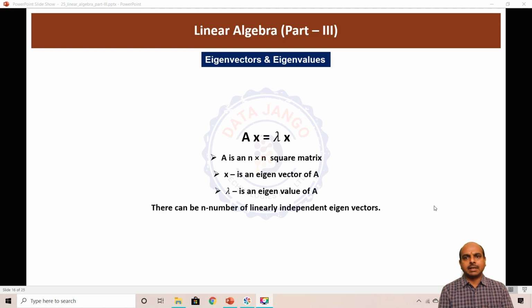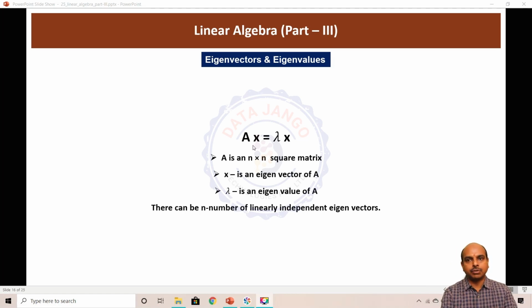Both eigenvectors, eigenvalues and singular value decomposition are used to decompose a matrix into two matrices where we are trying to extract the specific behavior of the matrix. If you take A as a matrix, X as an eigenvector, and lambda as an eigenvalue, which is a scalar, X, the eigenvector, is a vector.